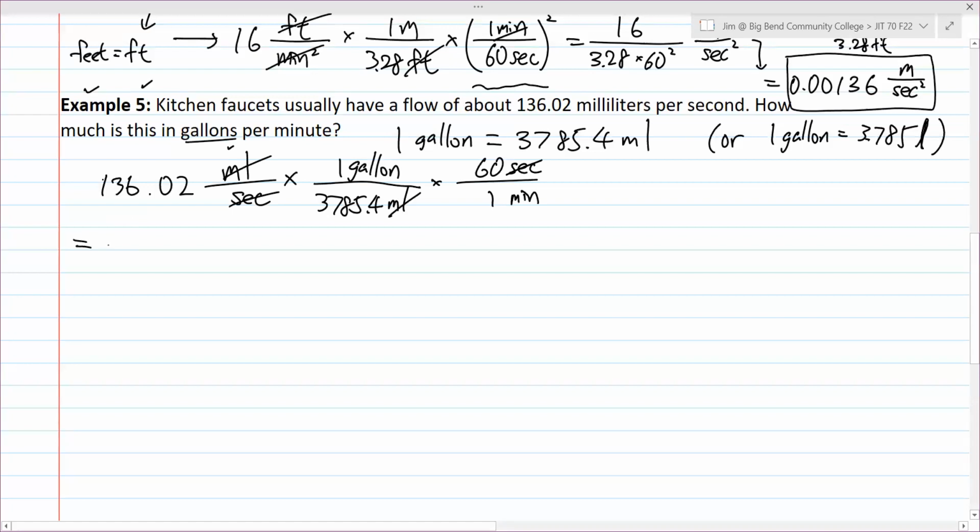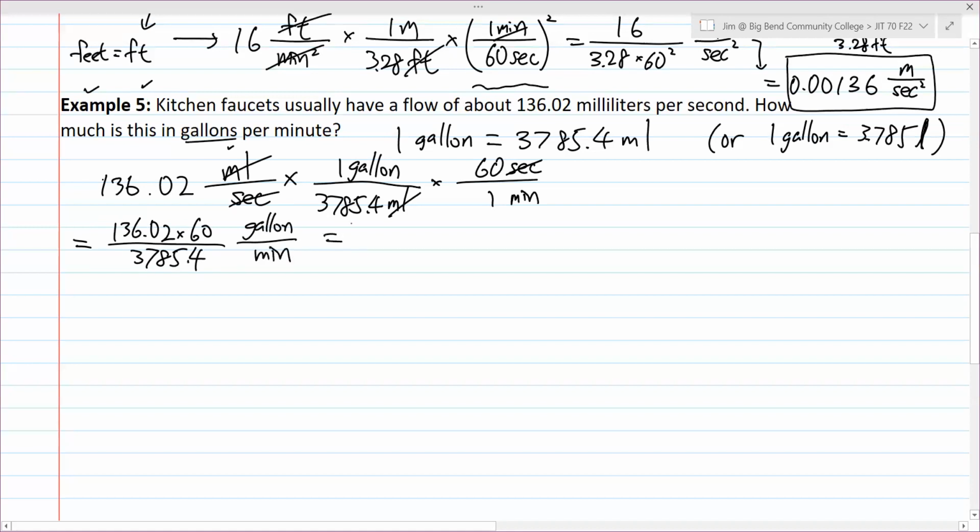Then this is when you combine all the values. 136.02 times 60 over 3785.4. That'll give you a finalized unit, which is gallon per minute.